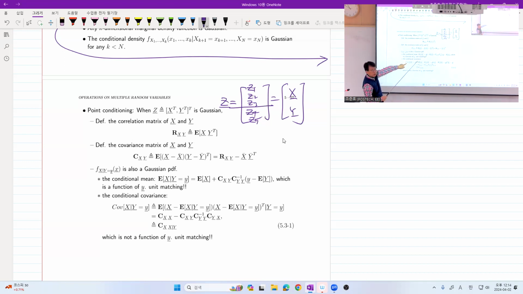The conditional covariance is the covariance matrix when you have the best affine approximation. The same thing when Z is a 2 by 1. In that case, you have only the X variable and Y variable, and we've already seen, right? So the result with two Gaussian random variables extends to two Gaussian random vectors like this.